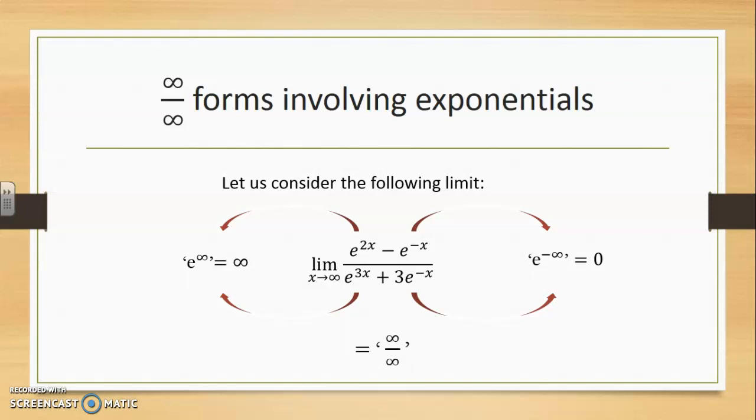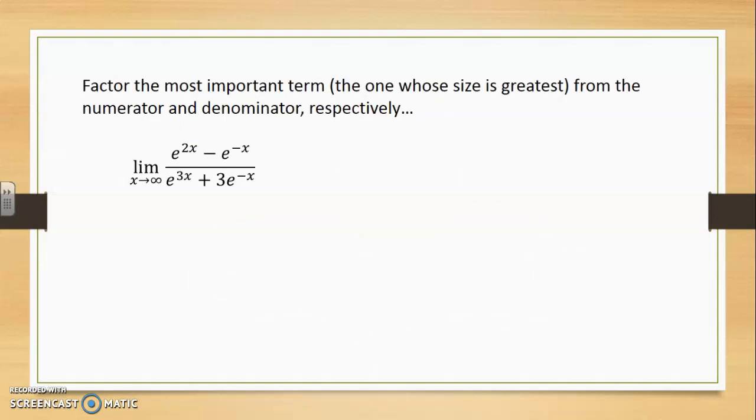This is an infinity over infinity form, but it is caused by the first terms of the numerator and denominator specifically. So factoring out the most important terms in this case would mean factoring out e to the 2x from the top, e to the 3x from the bottom.